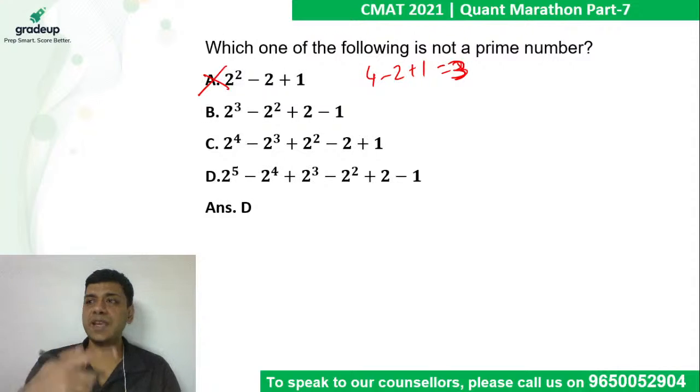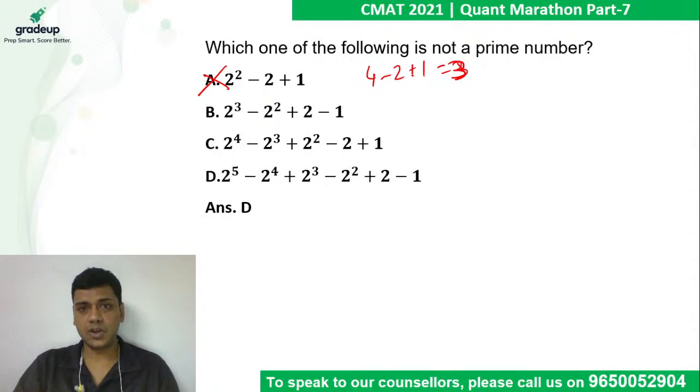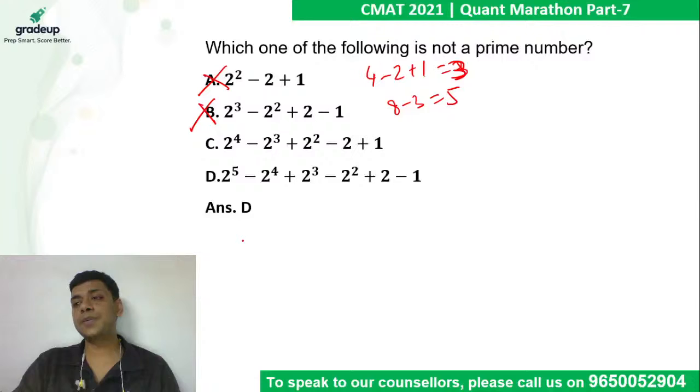So 2 cube is 8, 8 minus 3, because it is my first option, is 5. Yes, it is also a prime number. Next is 16 minus the second option. 16 minus 5 is 11, a prime number, not my answer.